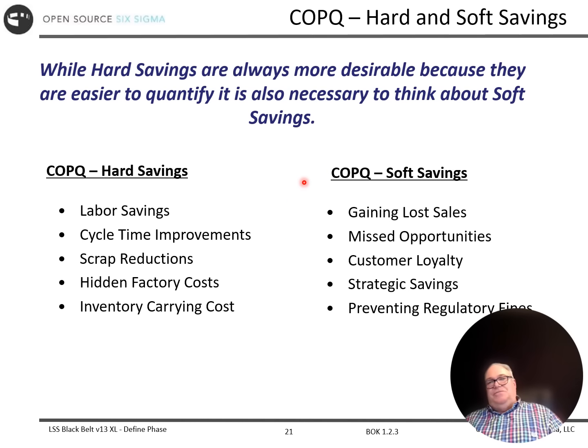So some of these are game changers if you don't meet them. But typically when we talk about project cost savings, it's over here on the things that we can really quantify in dollars or hours or customer satisfaction levels.